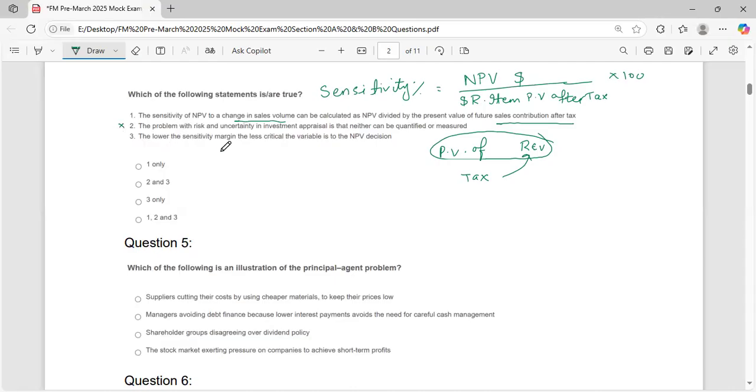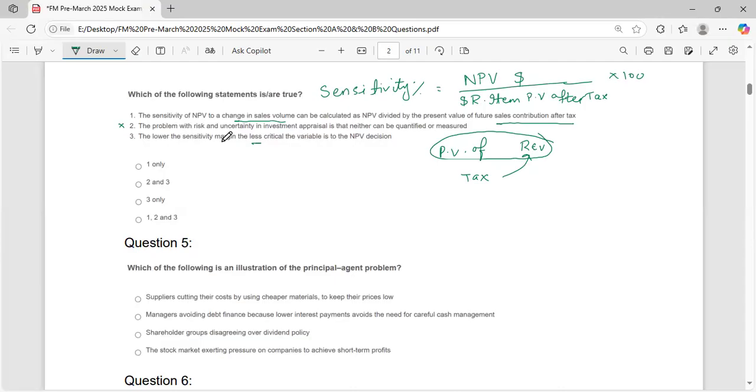The lower the sensitivity margin, the less critical the variable is to the NPV decision. This is not true. Suppose if sales volume has a sensitivity of 3%, it is critical. If sales price has a sensitivity of 2.5%, it is critical.